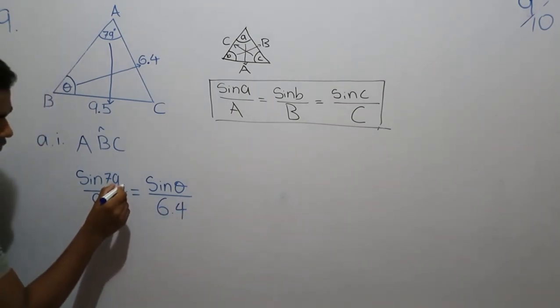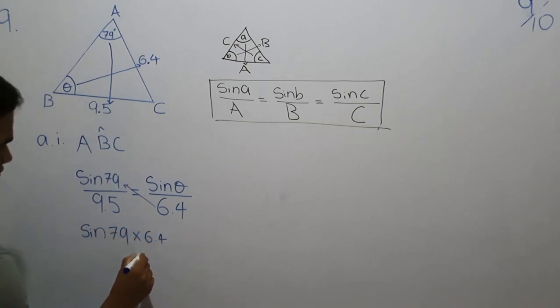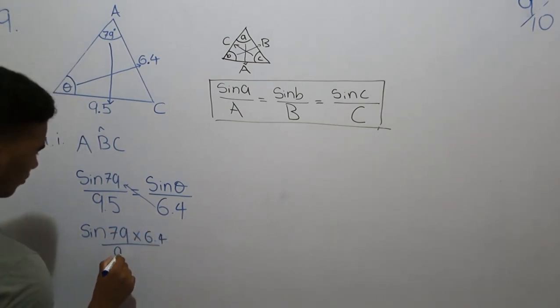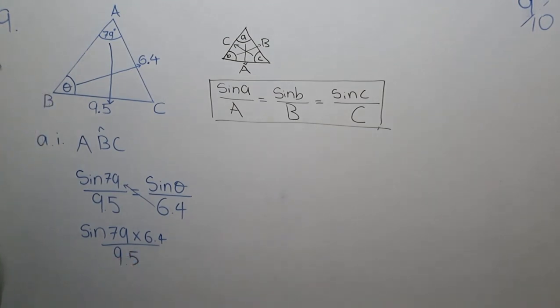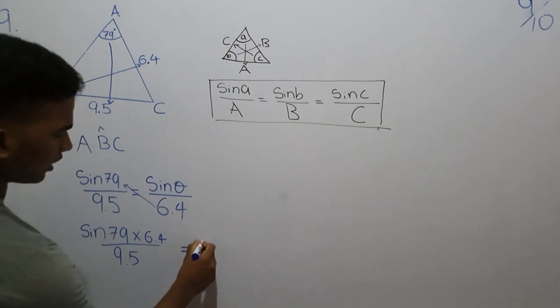Cross multiply 6.4 to this side. So you are getting the answer as sine 79 into 6.4 whole thing divided by 9.5. Now this is equal to sine theta.